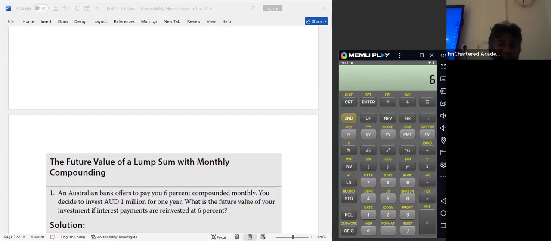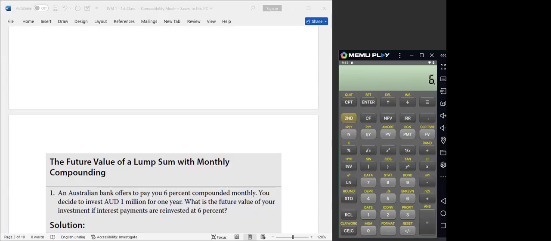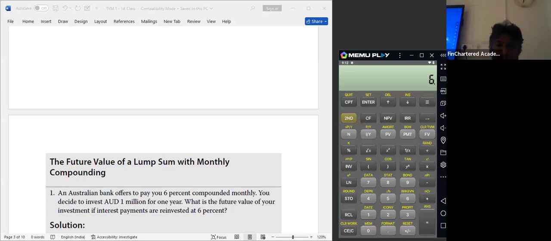It's monthly compounding, no? So I/Y has to be 6 divided by 12. Yes, Pavitra. So 6 divided by 12 has to be my I/Y.